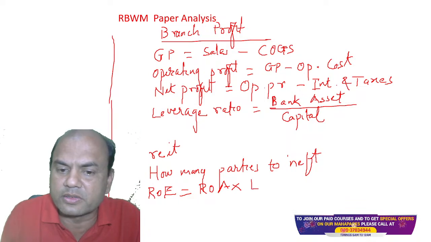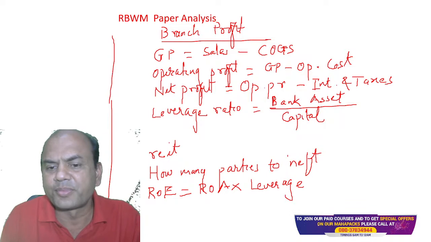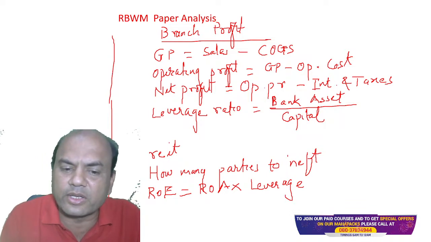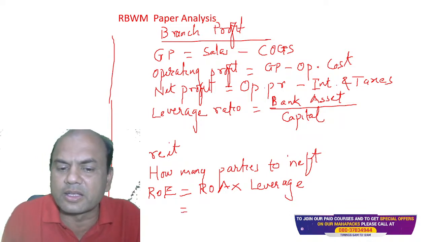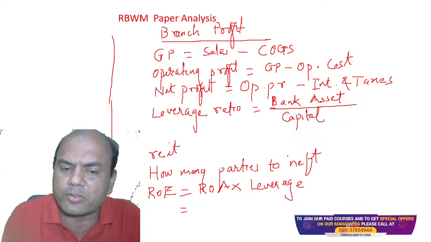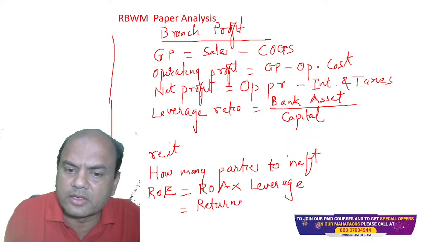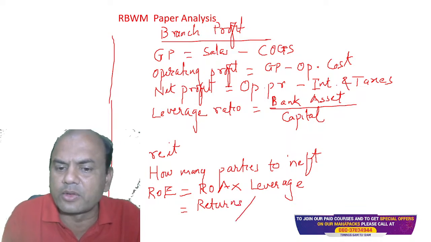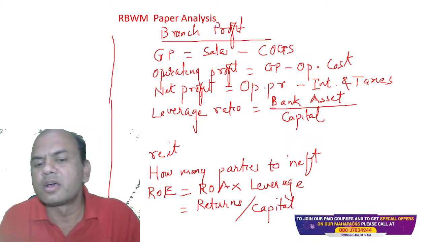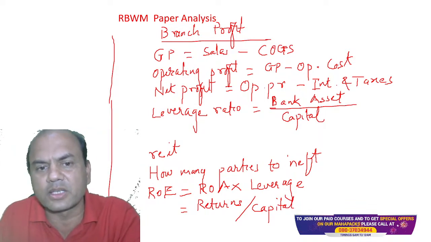Generally this is used. But you can also use it this way: whatever are my returns or net profit, returns upon capital. You can directly use this also. There are two formulas for ROE always: returns into leverage, or returns upon capital.